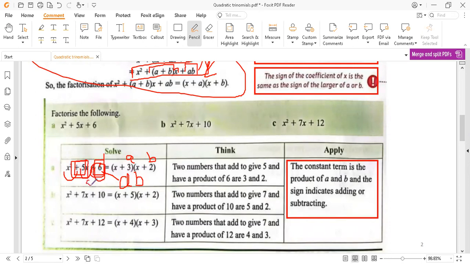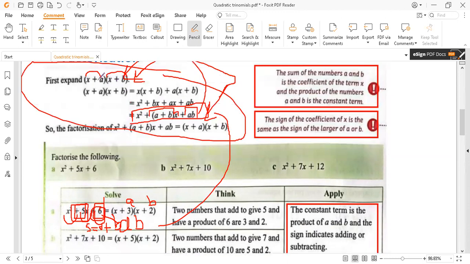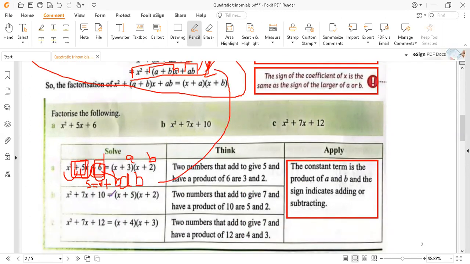Plus 5 here is the sum of a and b, like a plus b, as we can remark clearly from the previous formula, that any (x plus a)(x plus b) can be written as x squared plus the sum times x plus the product of a by b, or we can also take it back.